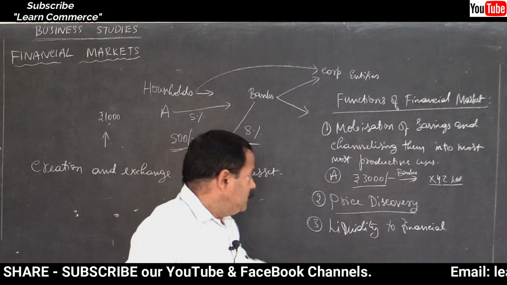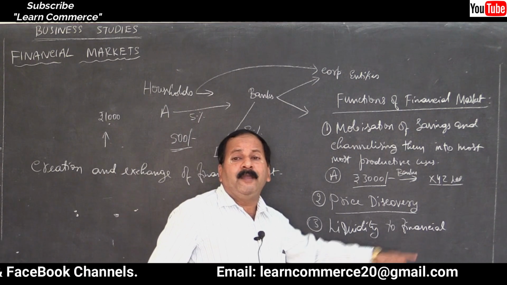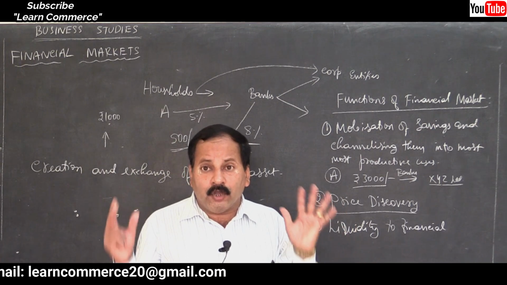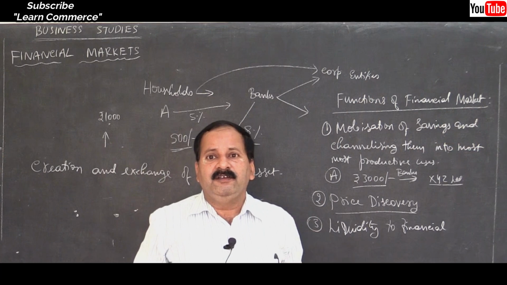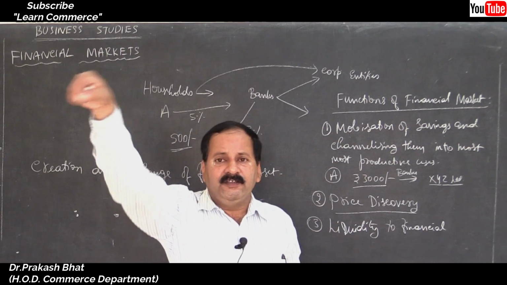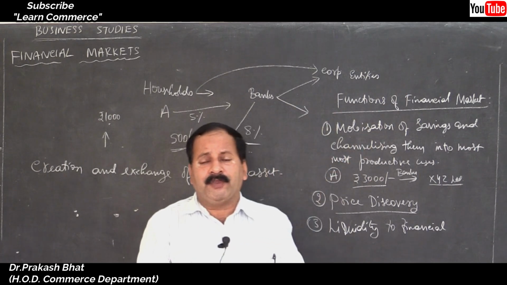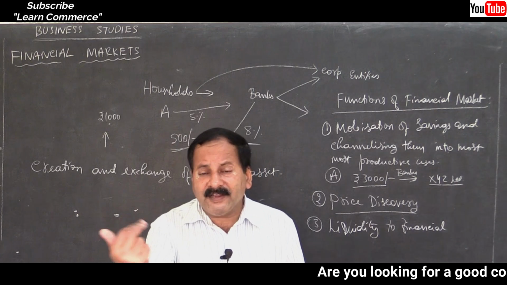Isn't it? So the financial market provides liquidity to financial assets by providing ample opportunities, more avenues, to invest in different types of assets. Like if you invest in equity shares, within a fraction of a minute you can give an order and get it encashed, so that you will get a recovery.